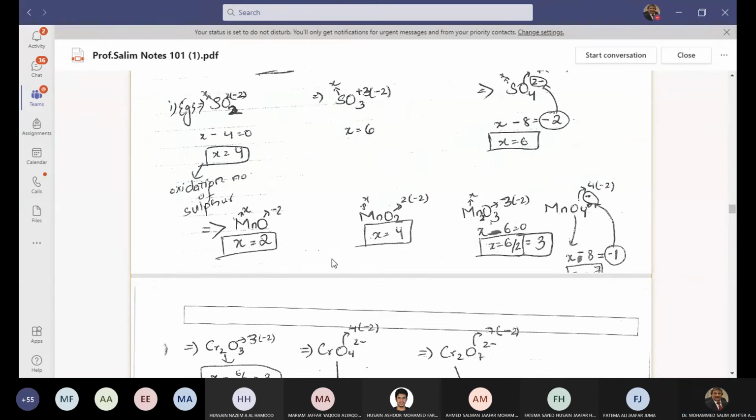Okay, solve with the help of this. What is the oxidation number for manganese? I have given you 3 products. In the next part, I want to understand what is the oxidation number for chromium.